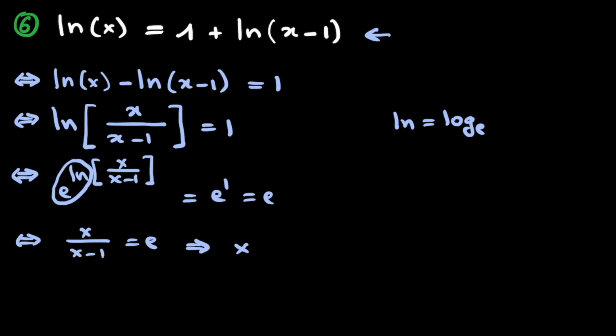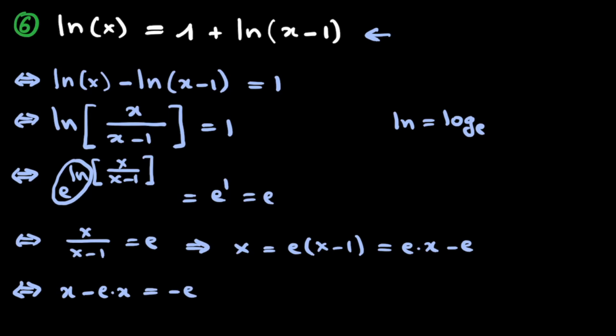We have x on the left-hand side is e multiplied by x minus 1 on the right-hand side, which is equal to e times x minus e. Bringing this e times x to the left-hand side, we have x minus e times x, which is simply equal to minus e. And rewriting this even further, we have x times 1 minus e, which is equal to minus e.